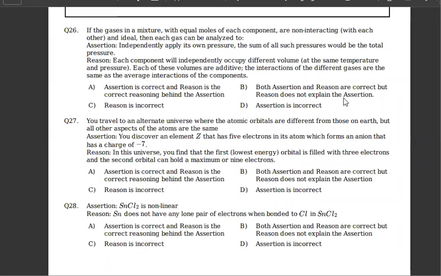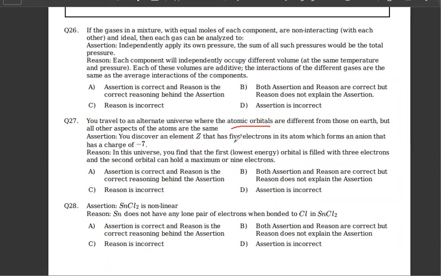Now think about this. What is assertion 1? You discover an element that has 5 electrons in its atom. Now see this. All the aspects are the same, right? Only the atomic orbitals are different.